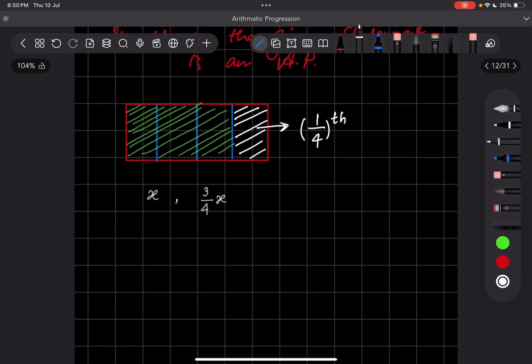Next time, when 1/4 of this shaded area is removed, what will we get?